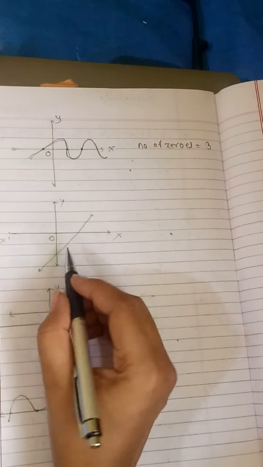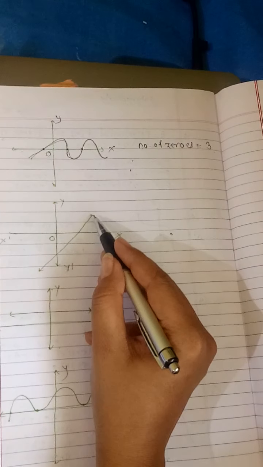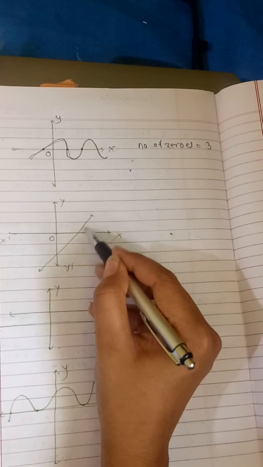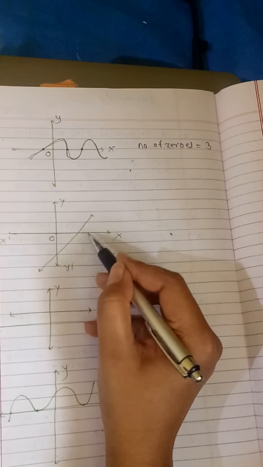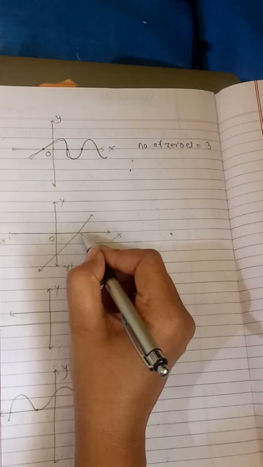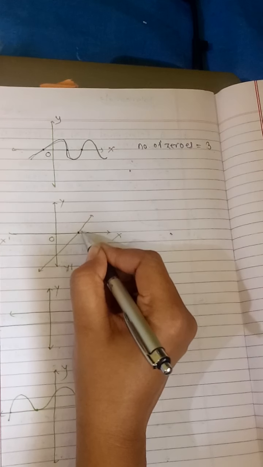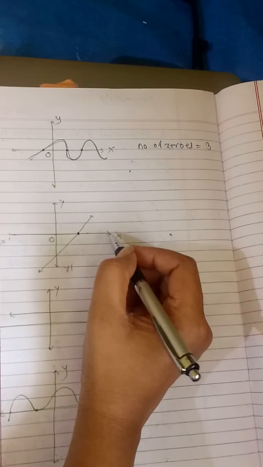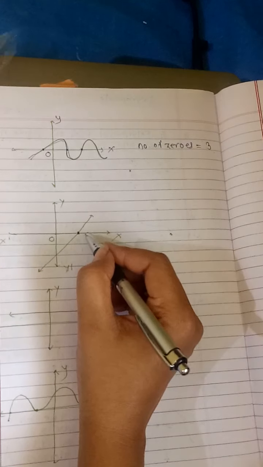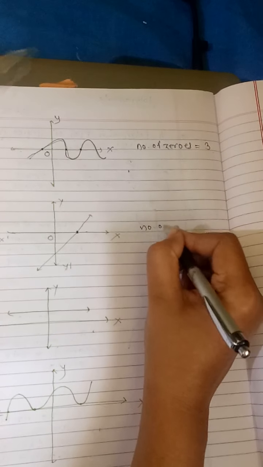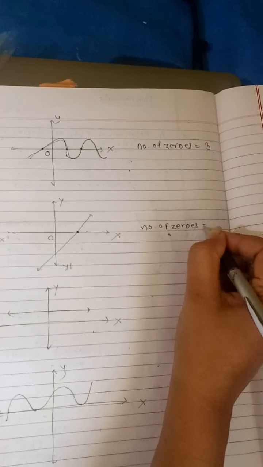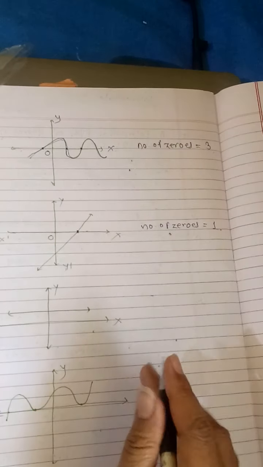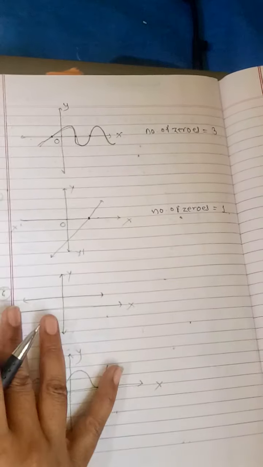Now in the fifth example, this is a line. This line intersects the x-axis at only one point, therefore the number of zeros is only 1. Now example number 6.